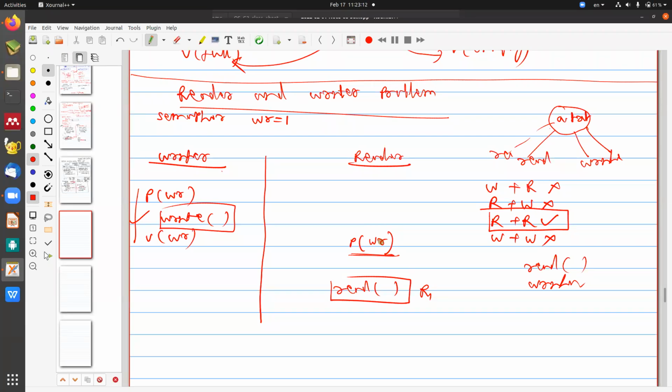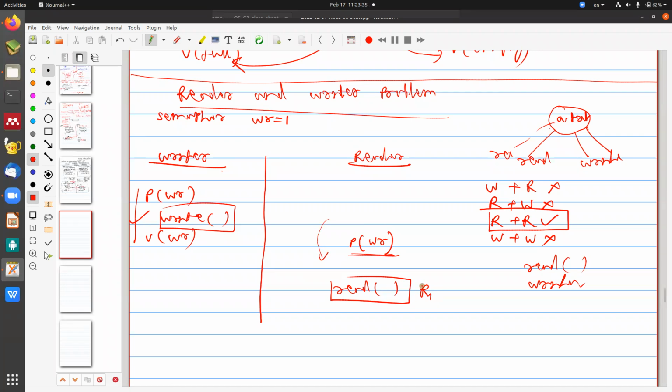Can anybody guess for which reader this PWR is necessary, and for which readers it is not necessary? For the first reader, PWR is necessary, right? Very nice. For the second reader onwards, somehow this PWR has to be bypassed.